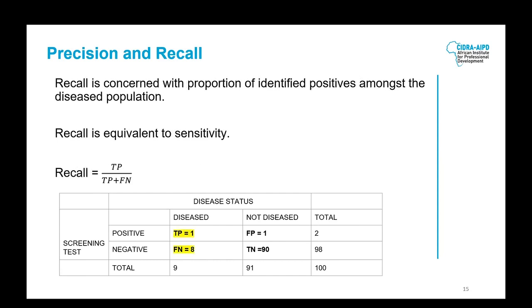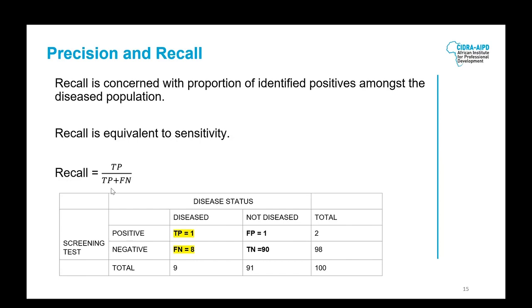Right, now we move on to the slide here. Let's focus on recall. Recall, on the other hand, is concerned with the proportion of identified true positives among the disease population, the disease sample. So recall tells us what proportion of actual positives were identified correctly, right?